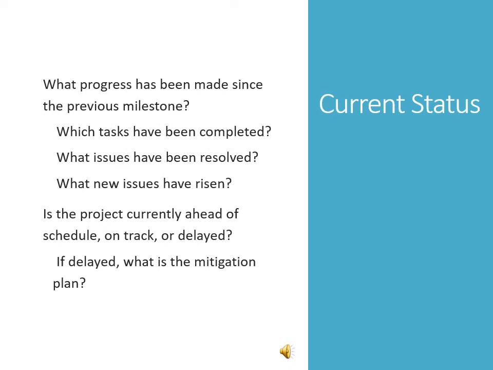The current status, in fact, will explain what progress has been made since the previous milestone, which tasks have been completed, what issues have been resolved, what new issues have arisen. Is the project currently ahead of schedule, on track, or delayed? If delayed, what is the mitigation plan?